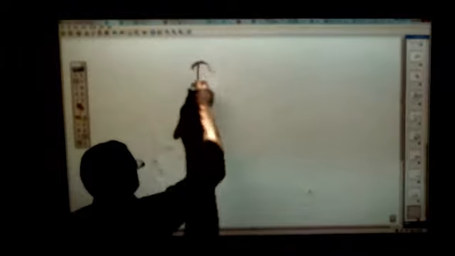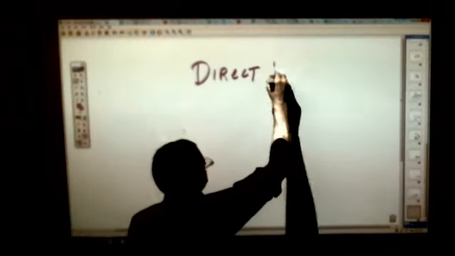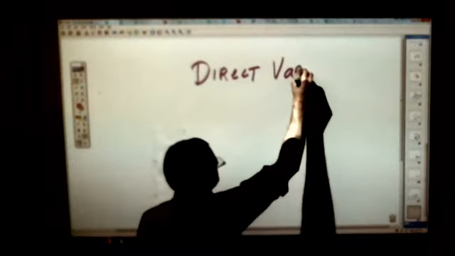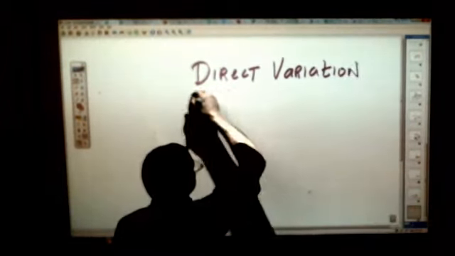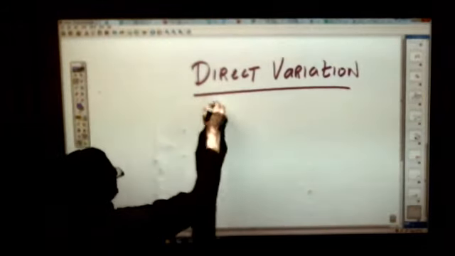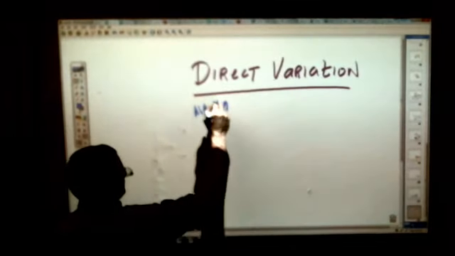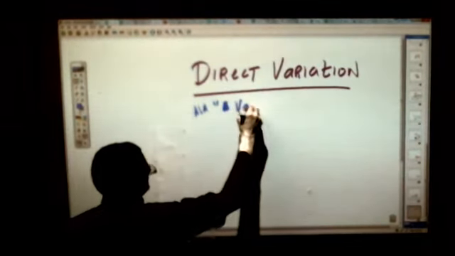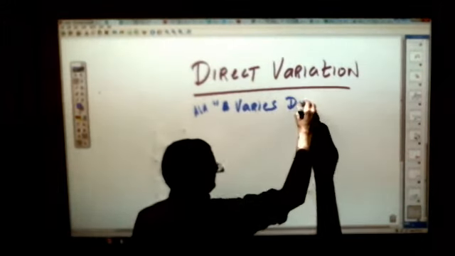Here you go. Write this down. Direct variation, also known as, aka, varies directly. Does that make sense?